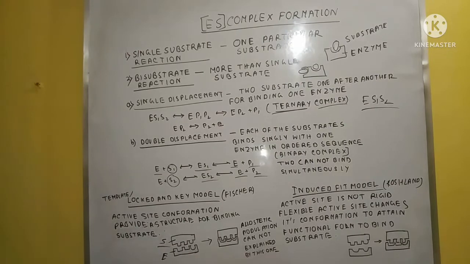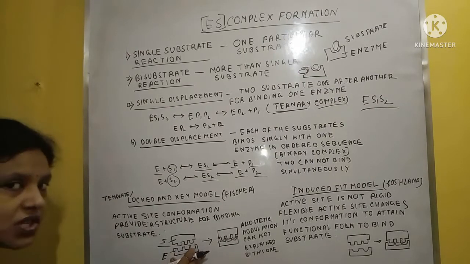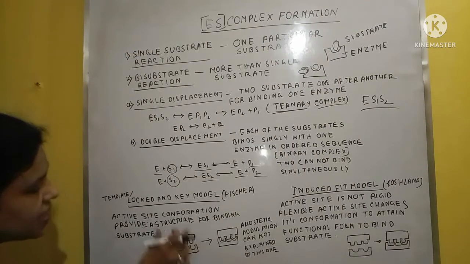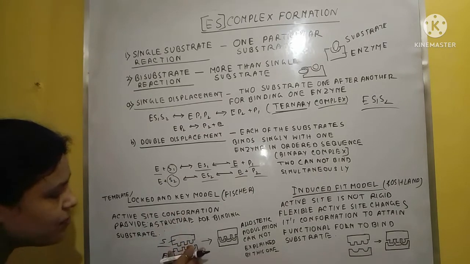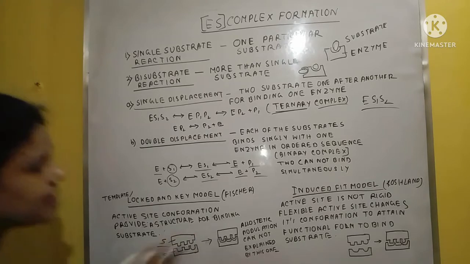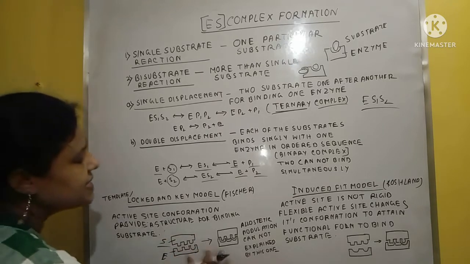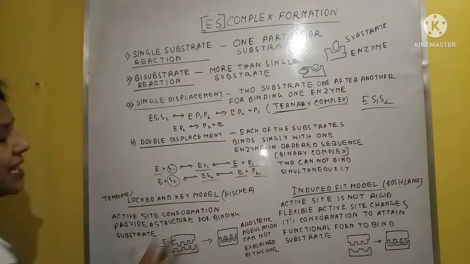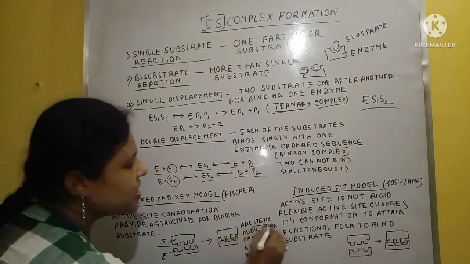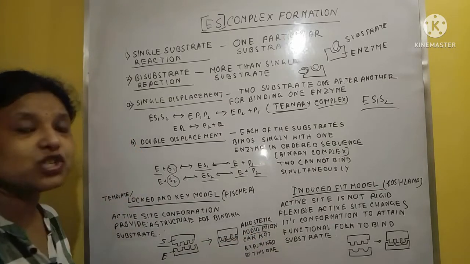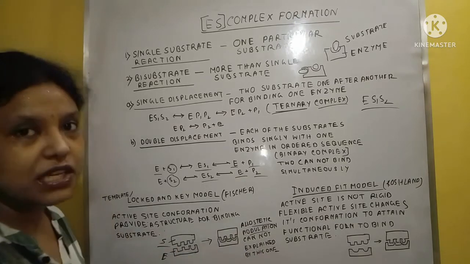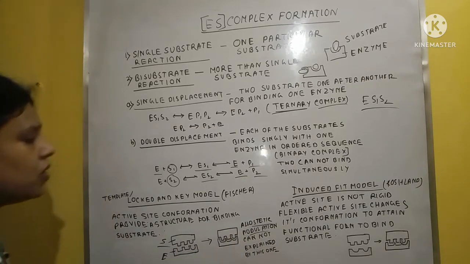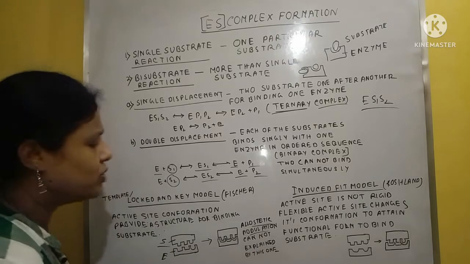The enzyme is already structured for this particular substrate, so only this substrate can fit with this type of enzyme. But one demerit is that this model cannot explain allosteric modulation, which I explained in my previous video. You can check that one out.